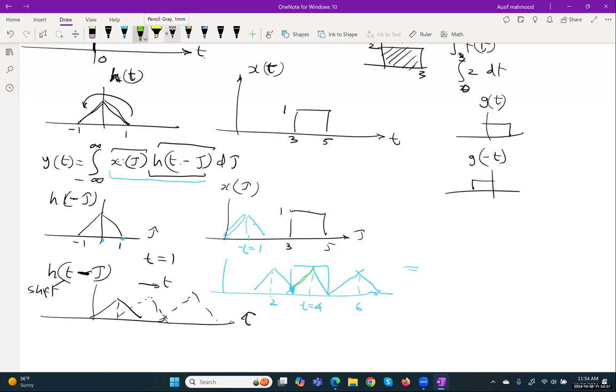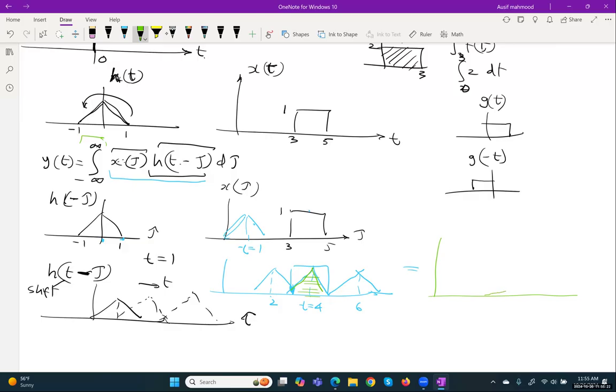Okay, so at that time, when I multiply, let me make one a different color. If I multiply this green with this blue, the answer will be just this part. And that's the area; this integral is basically computing the area after the multiplication. So if I plot this out, what you will see is the answer of the convolution will start to increase at t equal to 2.